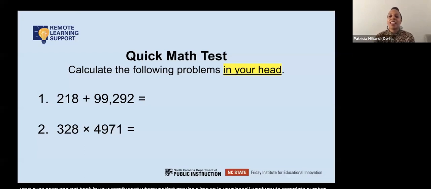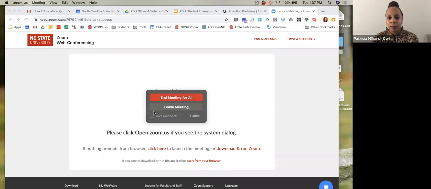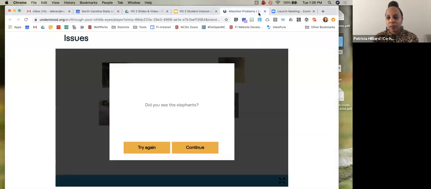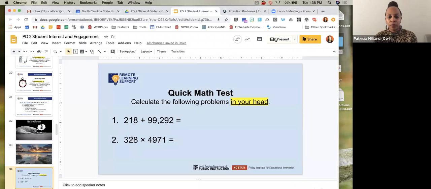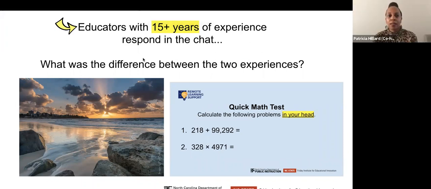All right, so on the next slide, it says, what is the difference between the first and second test? So in the chat, I forget where we are in the alphabet. Let's go with T through Z. What was the difference between the first and second test? All right. No, I said veteran educators, 15 years or more.